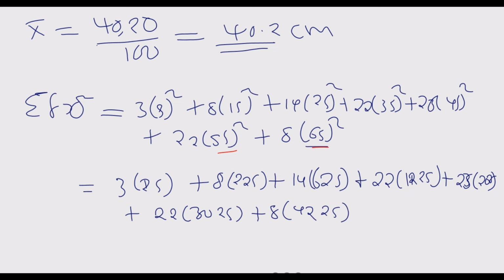So once we use our calculators, we are going to have 184,500 as the value. Once we find this value, we discover that finding the standard deviation now becomes very easy.